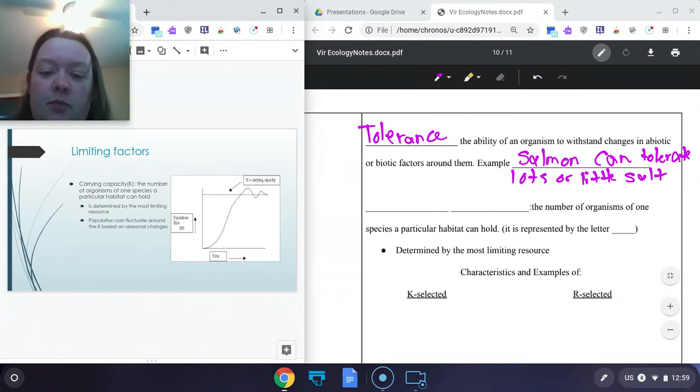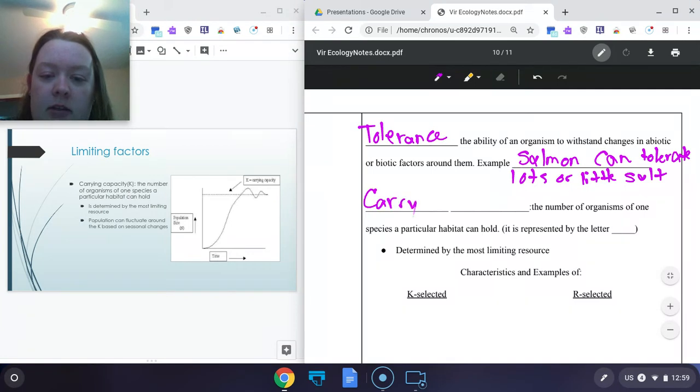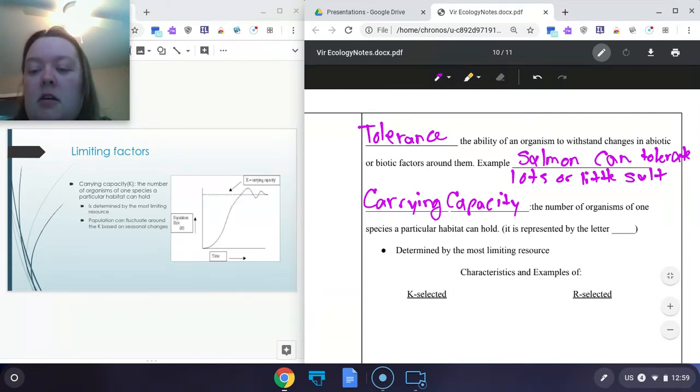And we talked about this before a little bit, but going a bit more in depth into carrying capacity. Carrying capacity is the number of organisms of one species that a particular habitat can hold.